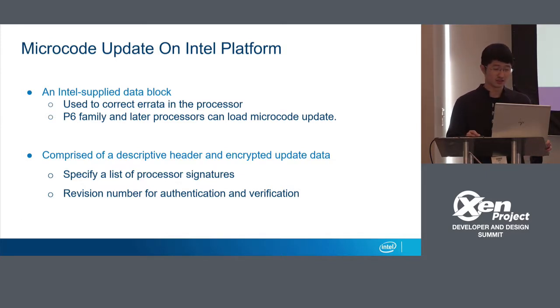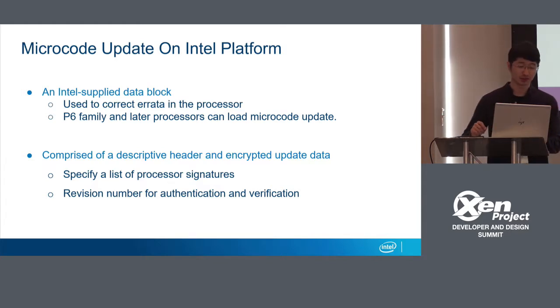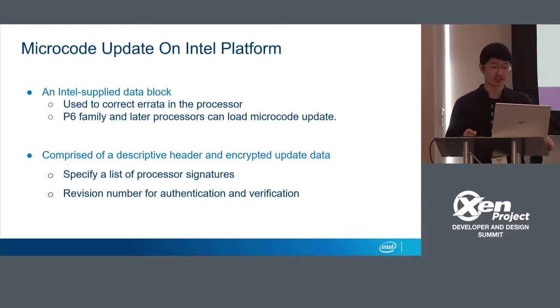This facility was introduced in the P6 family processor, so from then on, P6 family and later processors can load the microcode update. The microcode update is comprised of a descriptive header and unencrypted update data. The descriptive header specifies a list of processor signatures, and it also has a revision number.